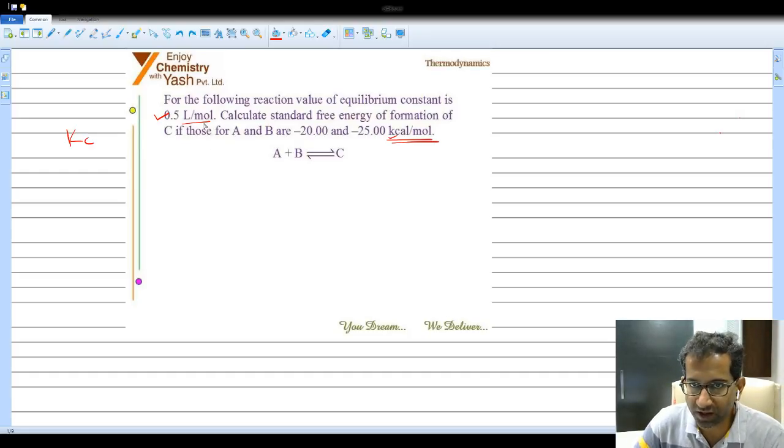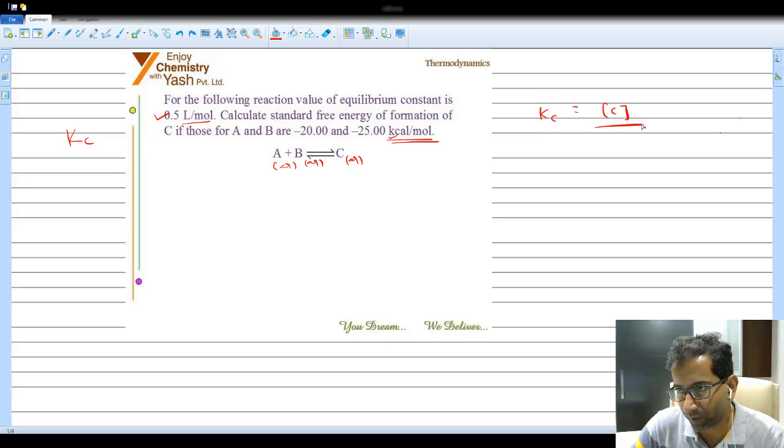Now look at this, it is given liter per mole, so we can assume that these concentrations are in mole per liter, so this system will be in aqueous form. Let's frame Kc first of all. Kc is the concentration of C upon concentration of A into concentration of B. So in the numerator it will be mole per liter and in the denominator mole per liter whole square.